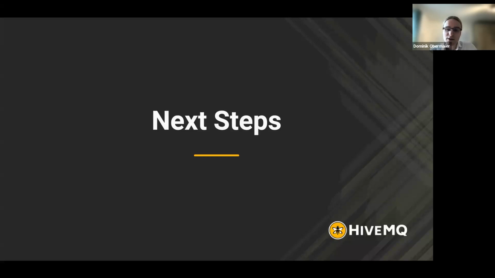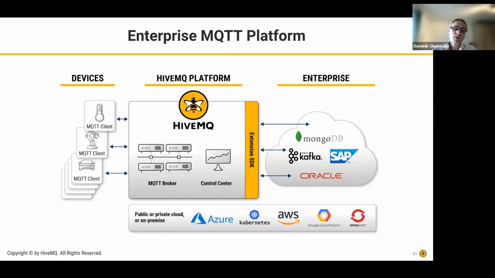So what are the next steps, and how can you get Swarm? First of all, HiveMQ has the enterprise MQTT platform, which mainly consists of the MQTT broker and other components like the Control Center or Extension SDK, with a lot of out-of-the-box connectors to things like Kafka, databases, and most security systems, be it OAuth, LDAP, client certificates or whatever.